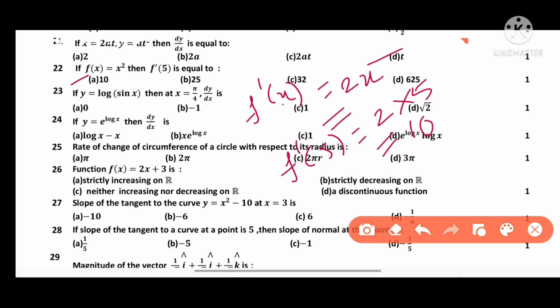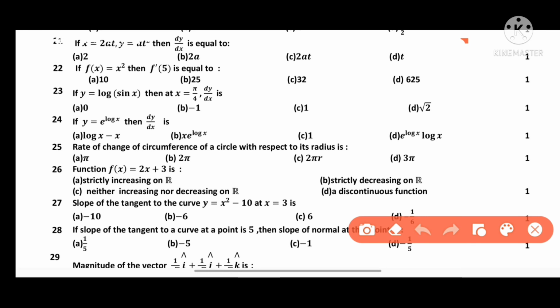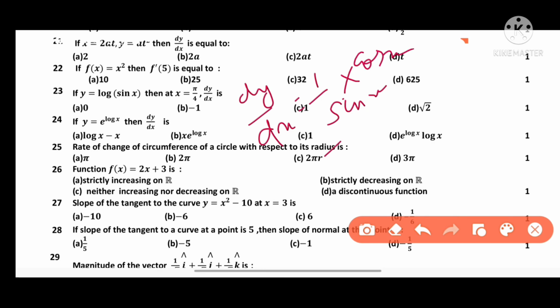Next question 23. If y is equal to log of sin x, then at x is equal to pi by 4, dy by dx is. Differentiate with respect to x, we get 1 by sin x, and differentiation of sin x is equal to cos x, that is cos by sin, cot x.